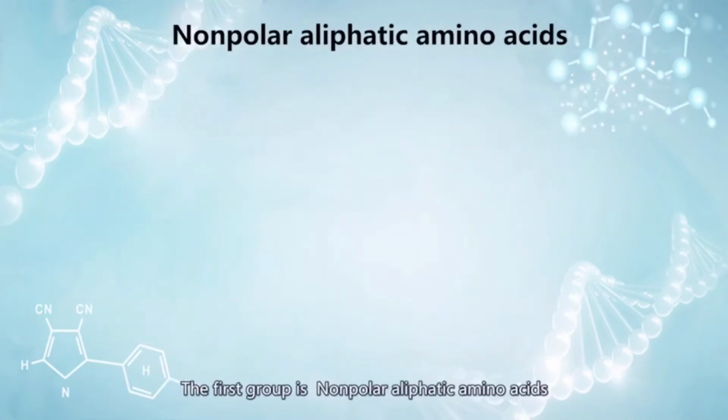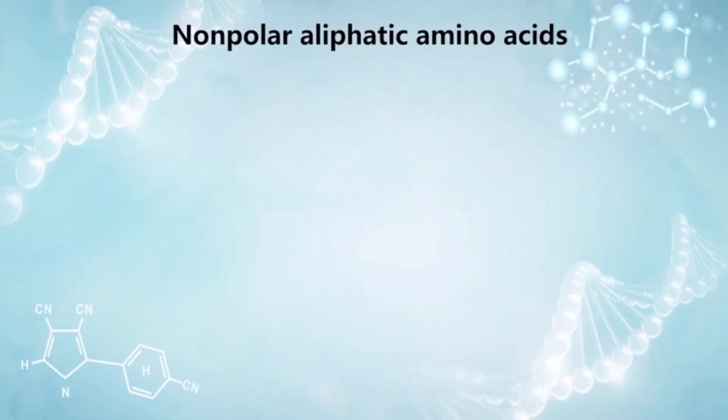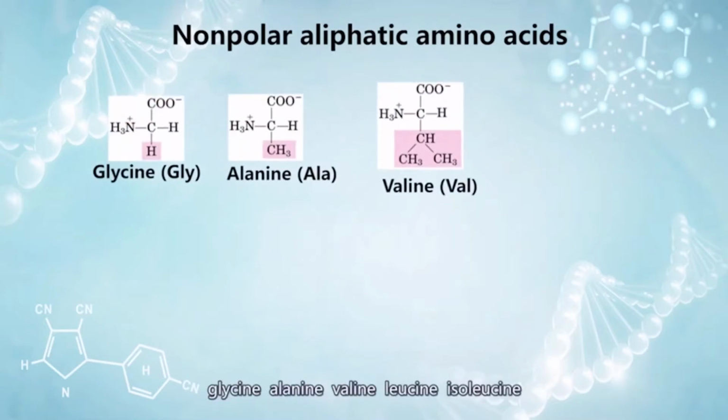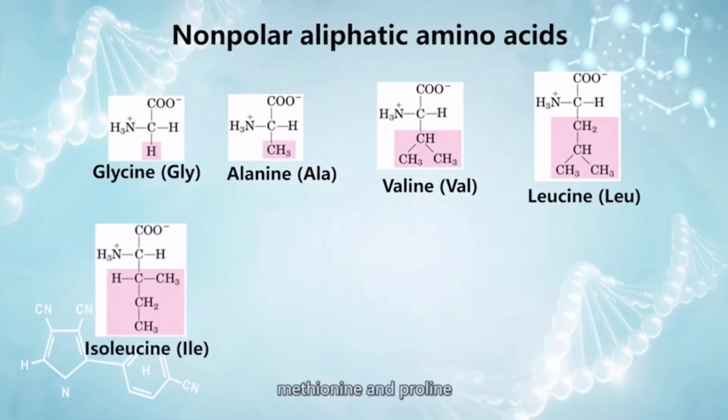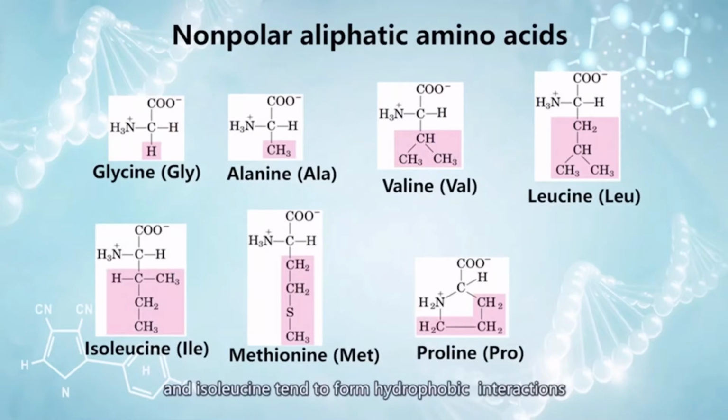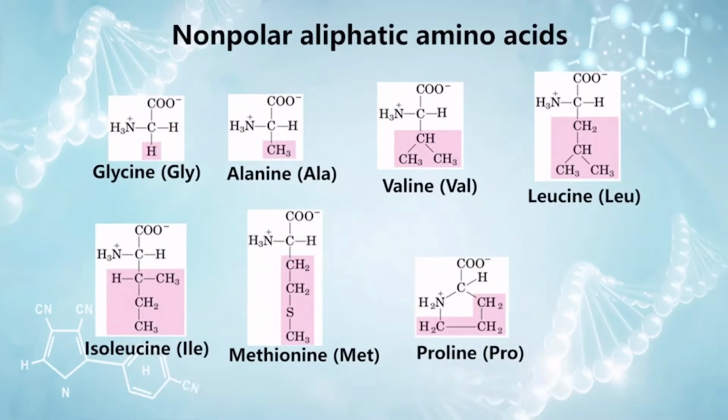The first group is nonpolar aliphatic amino acids. This class includes glycine, alanine, valine, leucine, isoleucine, methionine, and proline. Their R groups are nonpolar and hydrophobic. The side chains of alanine, valine, leucine, and isoleucine tend to form hydrophobic interactions to stabilize protein structure.